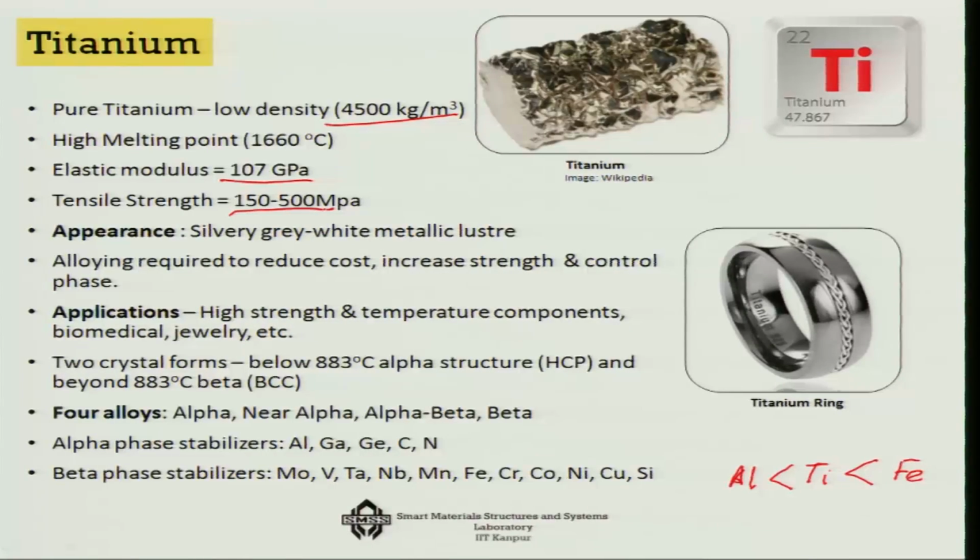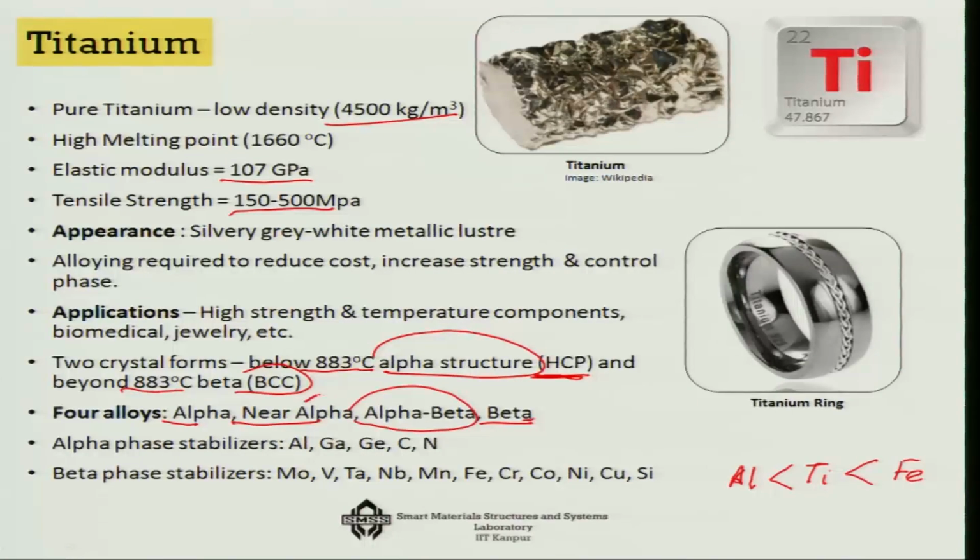It has a silvery grey white metallic luster, and its alloying has certain typicalities in it. It has basically two kinds of structures. Below 883 degrees, it has an alpha structure, which is hexagonal close packed, HCP. Beyond 883, it has a beta structure. Now, you may find in alloys that it has either alpha or beta, or near alpha or alpha beta.